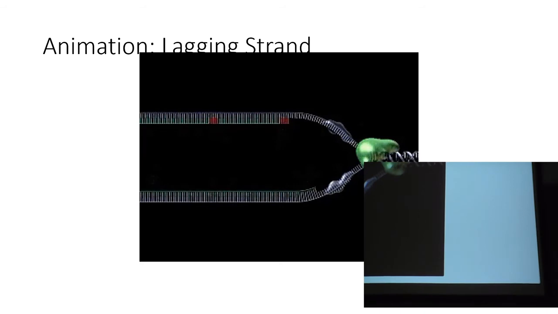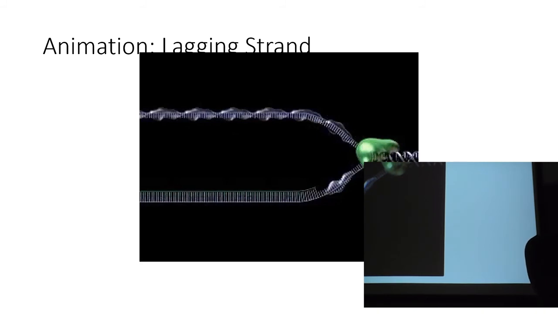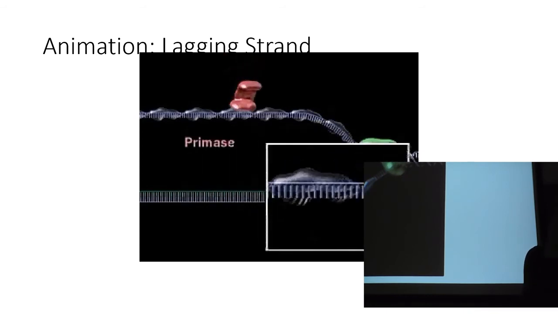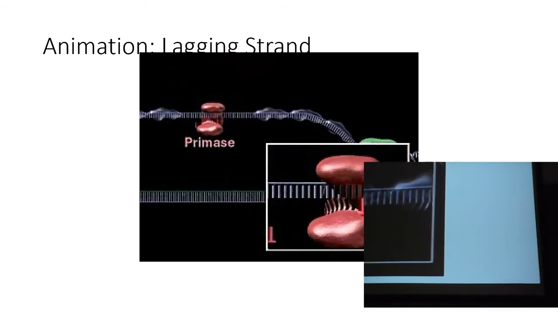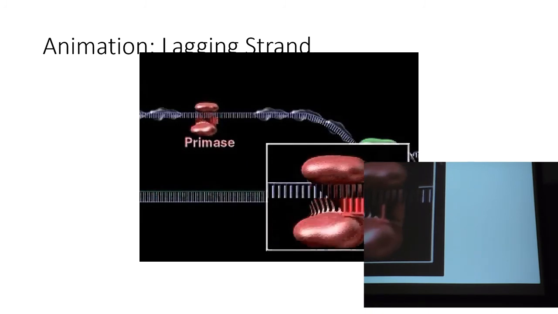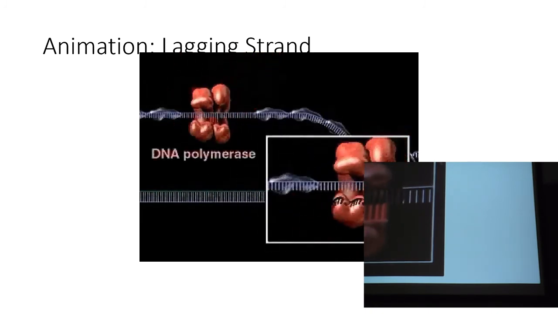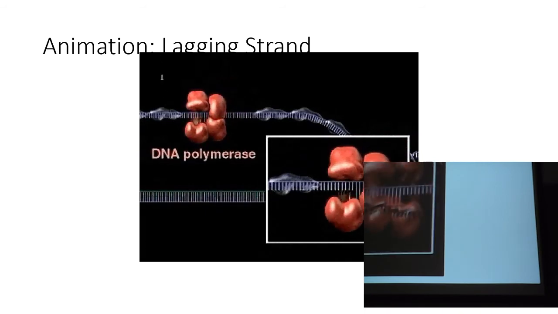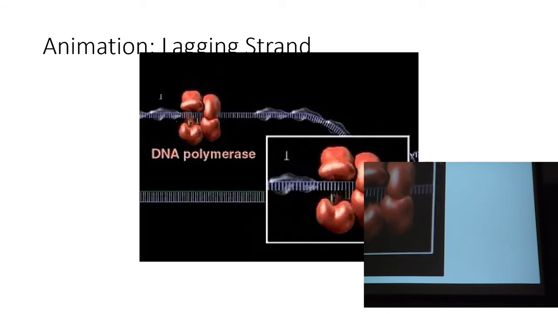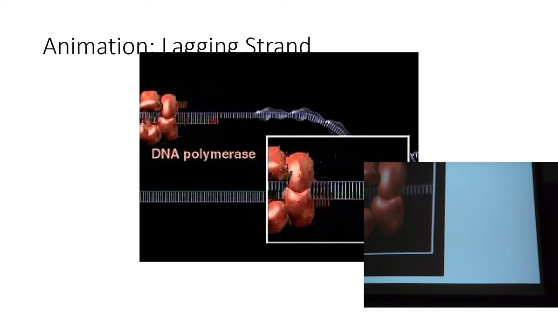The resulting segments are called Okazaki fragments. Next, each RNA primer is replaced with DNA. Then the gaps are closed to form the lagging strand. Now let's look closely at how enzymes work together to assemble the lagging strand. First, the enzyme primase removes the single-strand binding proteins, shown here in blue, and makes an RNA primer to begin an Okazaki fragment. The enzyme DNA polymerase then adds the complementary DNA nucleotides to synthesize the rest of the fragment.